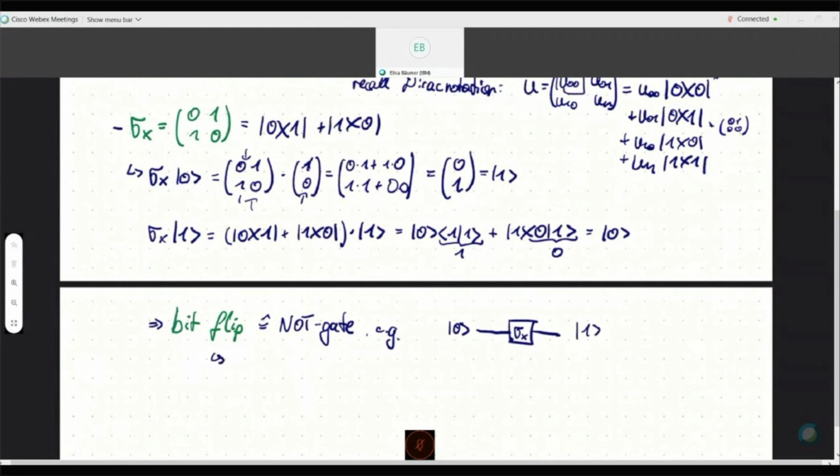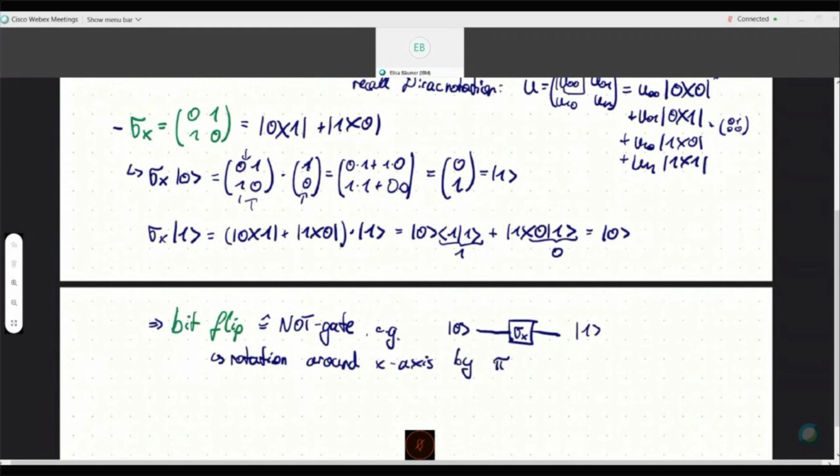Since this is the quantum equivalent, first of all, it can act on quantum states. That implies that it can not only act on 0 and 1, but it can also act on superpositions. What it does in general is a rotation around the x-axis by pi.